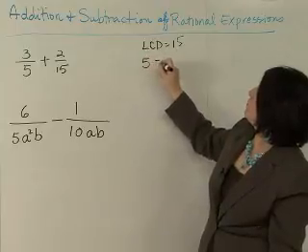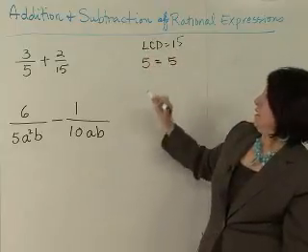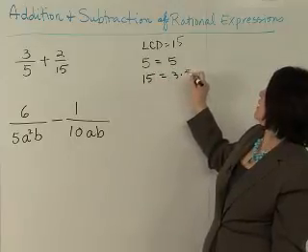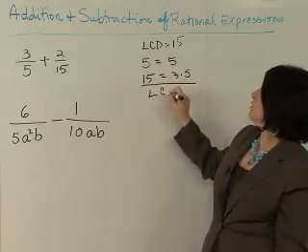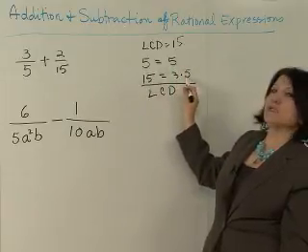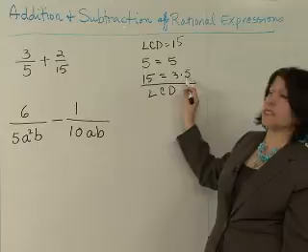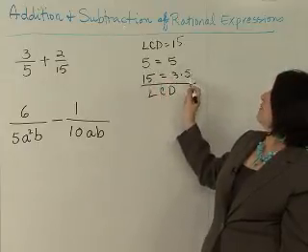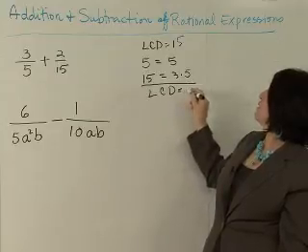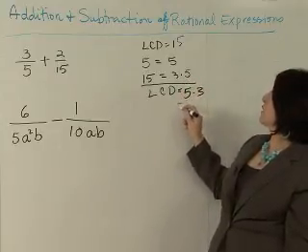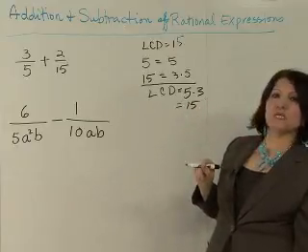So if you think of 5 as a factor, 15 has 3 times 5 as a factor. Remember, to find the LCD, you have to take every factor the most number of times it's repeated. The number 5 is repeated once, and the factor 5 here is repeated once. So we have to take 5. And then I have a 3, so we have to take the 3. That makes the LCD 15.